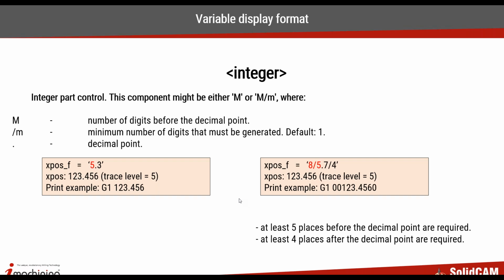The integer is not first in the sequence, but I think that it is most used along with the decimal point and the fraction. So the integer is the first number before the decimal point, and it states how many digits can be before the decimal point.